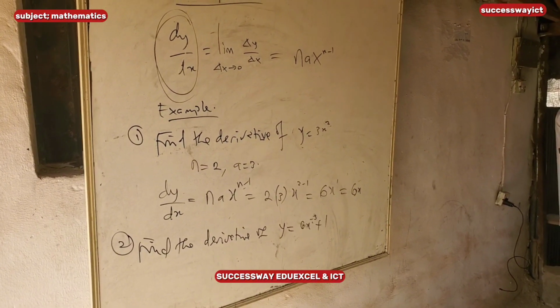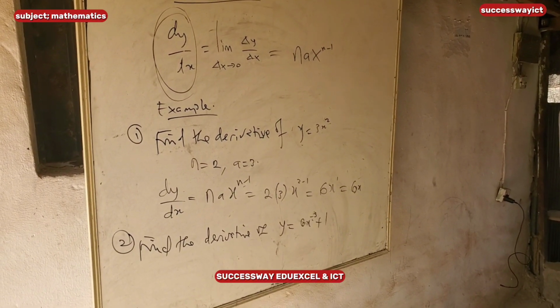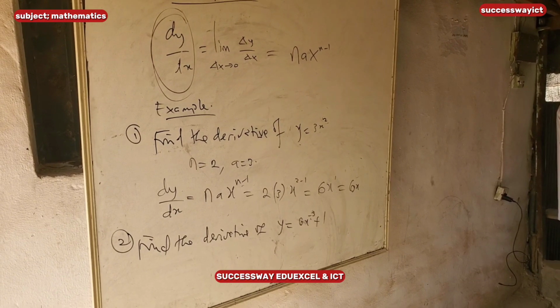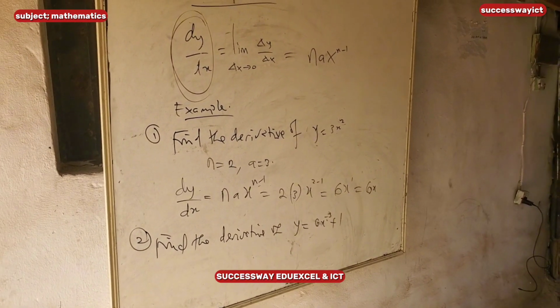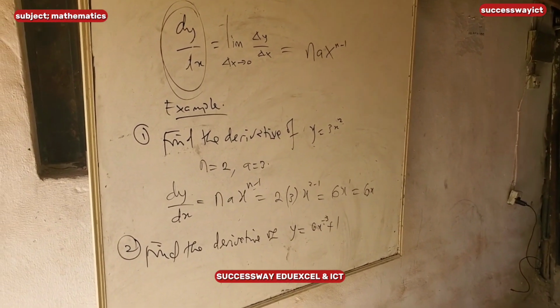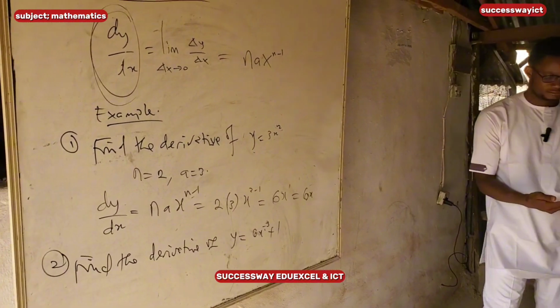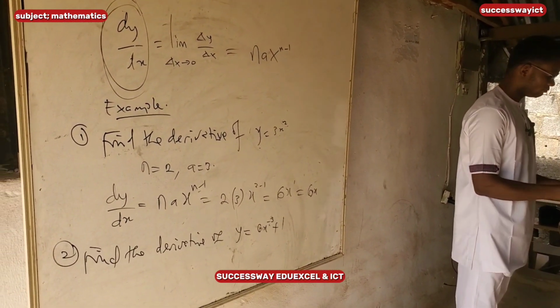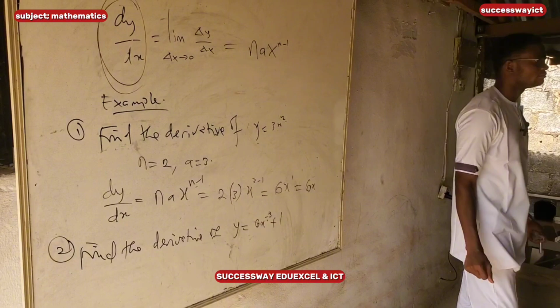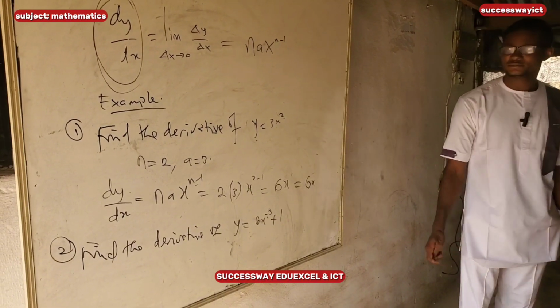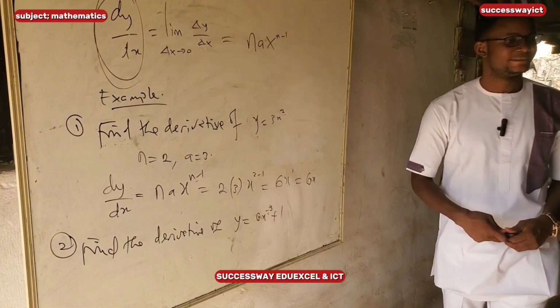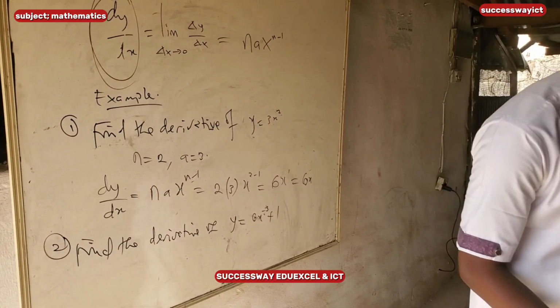Minus 8x or minus 4. Have you all solved it? Have you all solved it? Minus 8x or minus 4. You solved it. Let me see it.